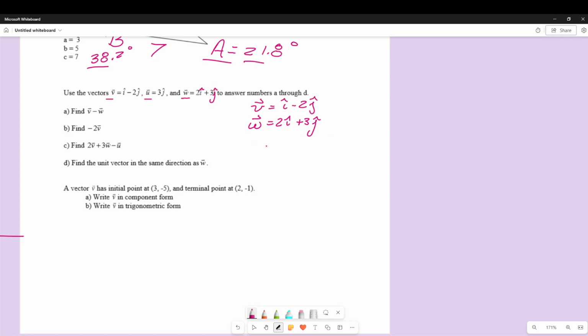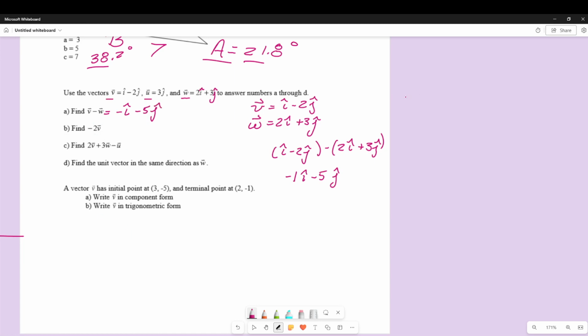So if we want to subtract those, we're going to be taking i hat minus 2 j hat and subtracting 2 i hat plus 3 j hat. So 1 minus 2 is negative 1 in the i. We don't need the 1 there, but I'm going to put it there to be handy. And then negative 2 minus 3 is negative 5 in the j. So V minus W is negative 1 i hat minus 5 j hat, or just negative i hat minus 5 j hat.